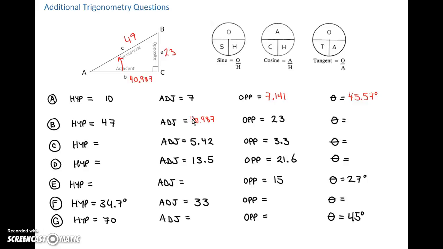Excellent. Now we need to find the angle. Let's use our given values here of 23 and 47 again. So the opposite and the hypotenuse, we would be using sine again.